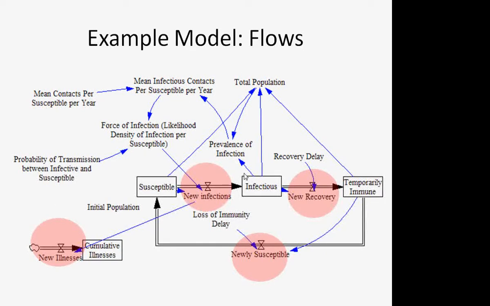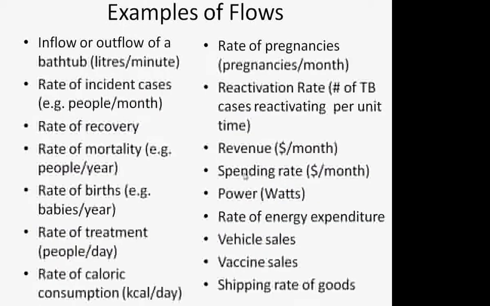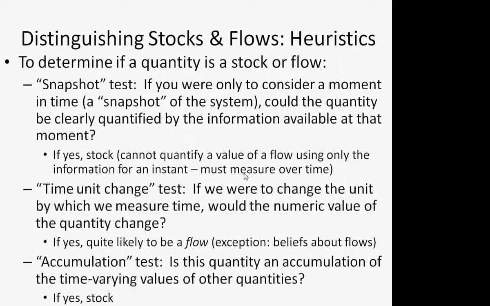Okay. Well, we talked about that. So how do you distinguish, when you think about a quantity, stock from flow? Well, think about if you were to just consider the state of the system at a given moment in time. Could it be quantified by what's available at that moment?